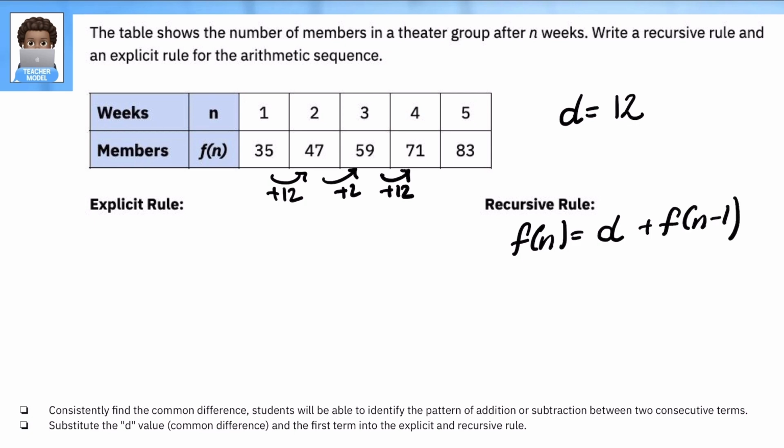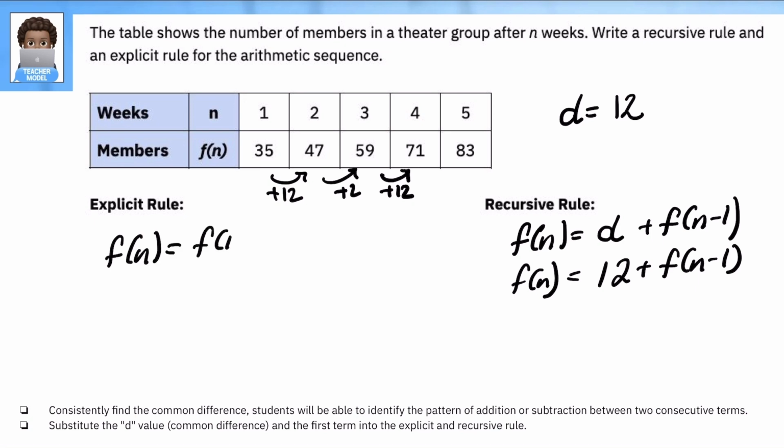So difference plus previous. In this case, that would be 12 plus f of n minus 1. And our explicit rule for this one would have been our first term, f of 1, plus our difference times n minus 1.